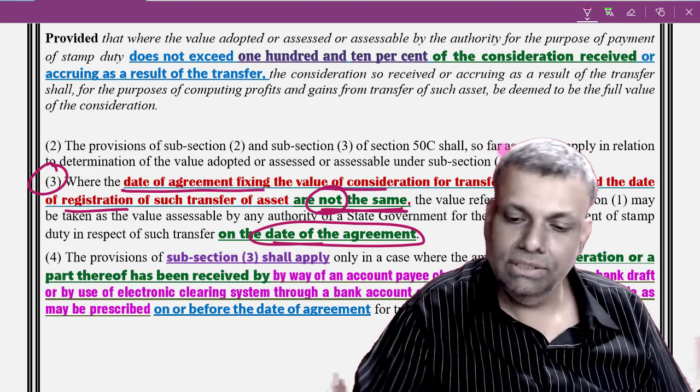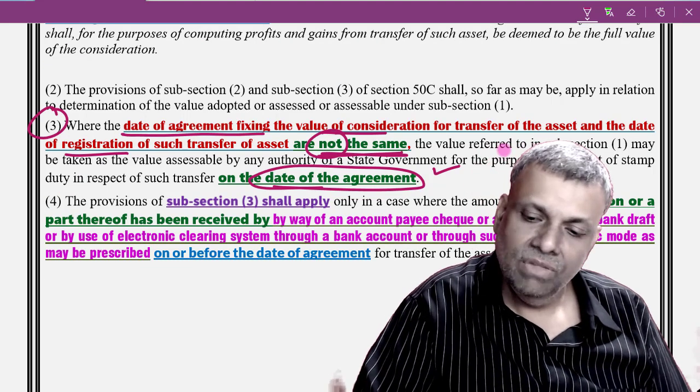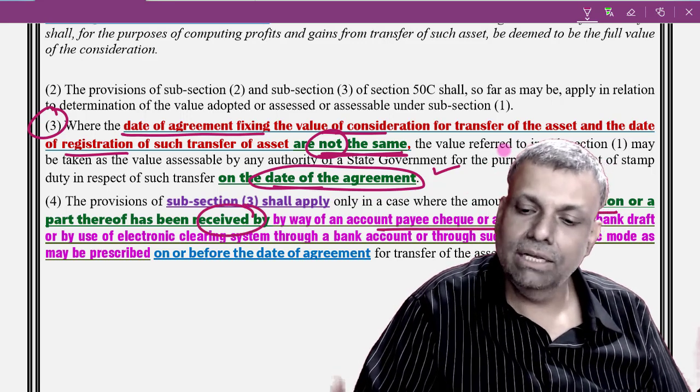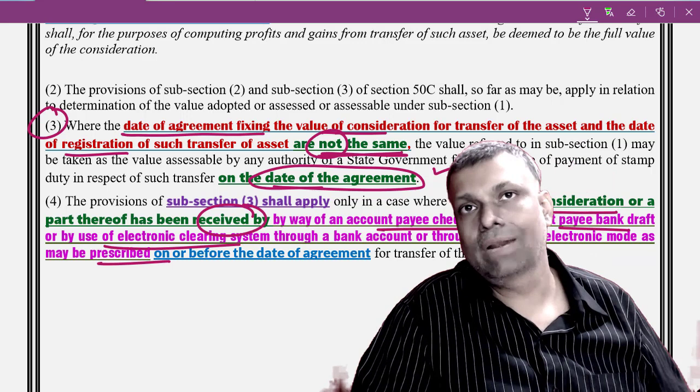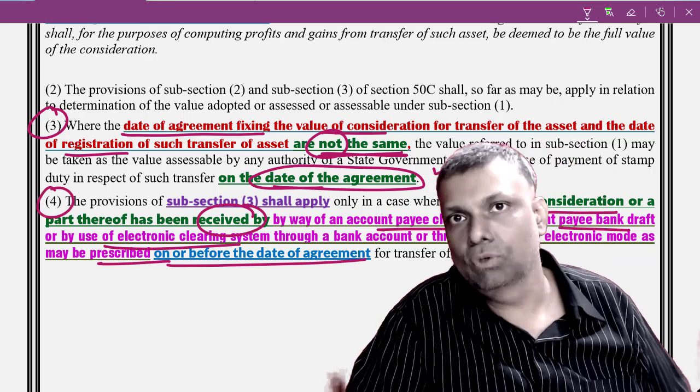And the condition is that some consideration should have been received by means of an account payee cheque or approved banking means of transfer on or before the date of the agreement. Subclause 3 and subclause 4 together.